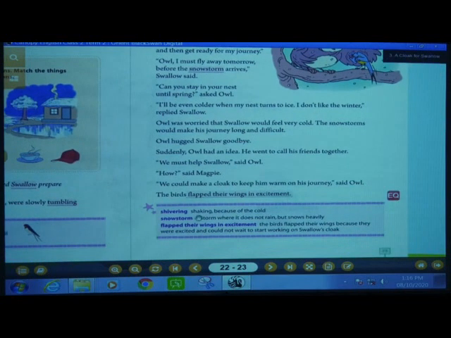Shivering means shaking because of the cold. Snowstorm, a storm where it does not rain but snows heavily. Flap their wings in excitement: the birds flapped their wings because they were excited and could not wait to start working on Swallow's cloak.